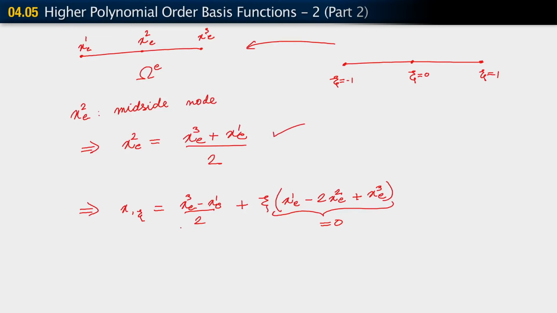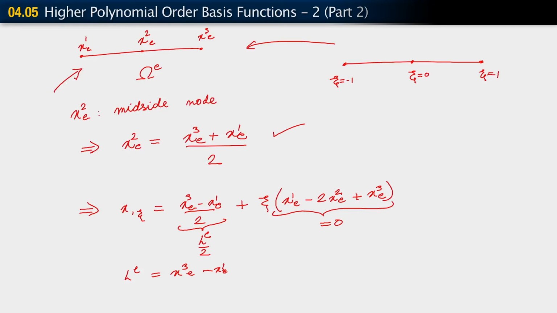On the other hand, the first term is what we can once again denote as h^e over 2, because h^e is the length of the element, which is just the distance between the last node and the first node on the element, x3e minus x1e, if one just looks at that figure again.